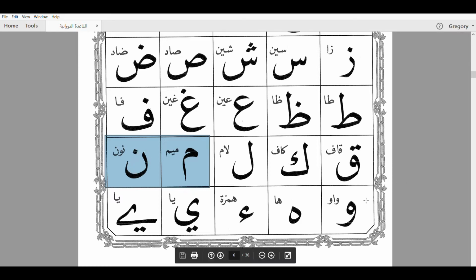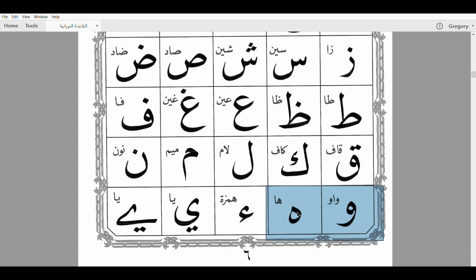And these next two. This one is waw, sort of like a W in English. And this one's ha, just like a normal H.